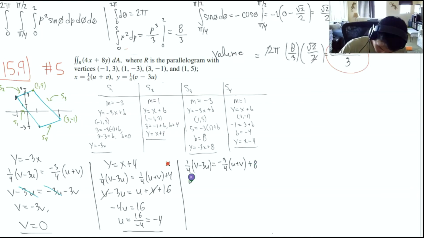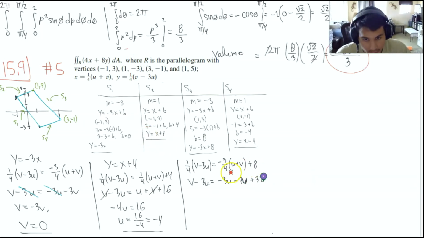Okay, so we get v minus 3u, which is equal to negative 3u minus 3v plus 32. So what I did here is I got rid of the 4's by timesing everything by 4, and then I also factored in the negative 3 into these.